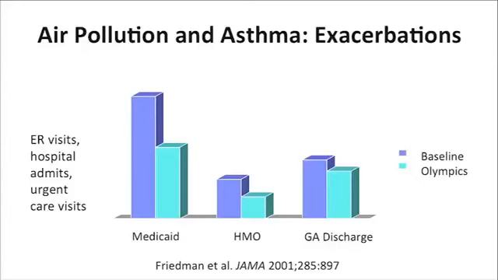And the teal bars are for the same databases during the Olympic period. And you can see there was a marked decrease in asthma healthcare utilization during the Olympics. And I'm not showing the data, but it correlates well with decreases in air pollution, particularly ozone.